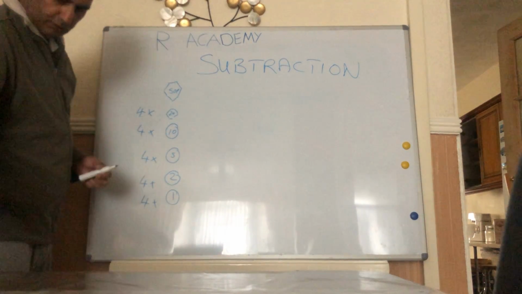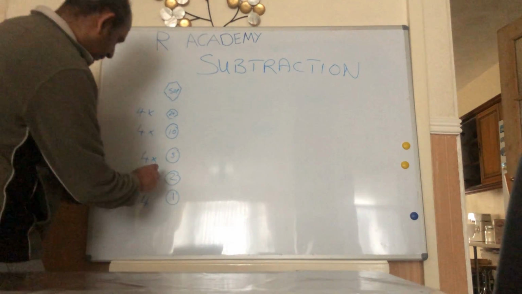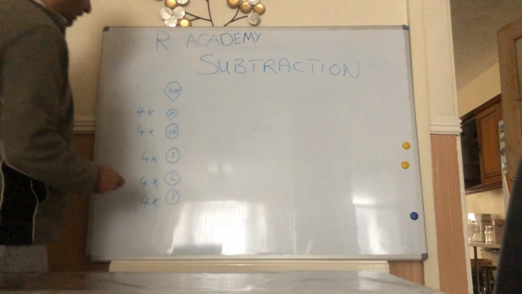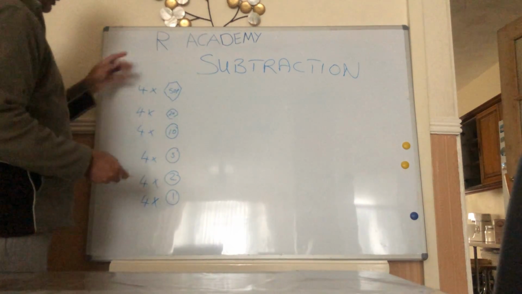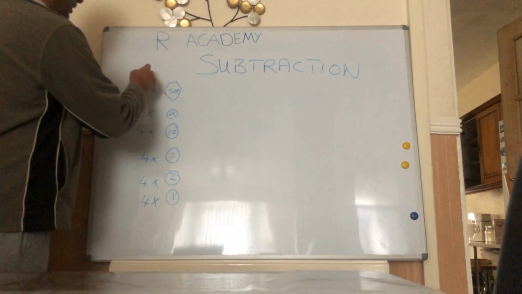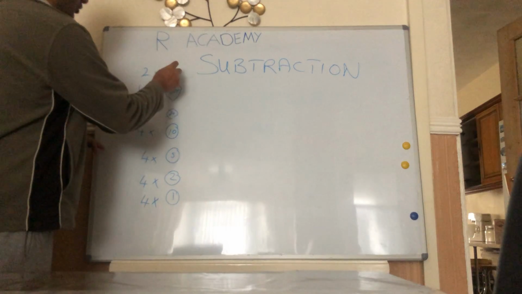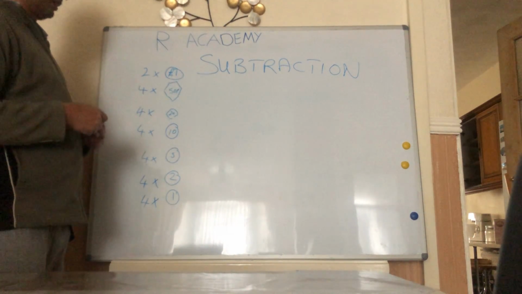Giving them 4 of each, it looks like an X. That gives them a variety of coins to work with, and also give them, say, £2 coins as well, just in case.